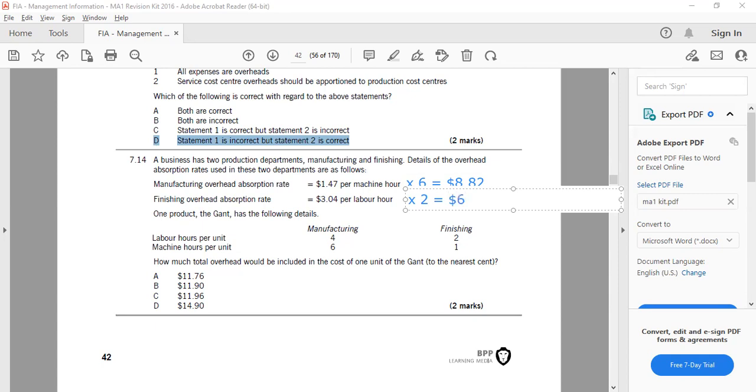Yes. Then we add these two. So what do we get? We get 14.9. Right. So this is the answer.